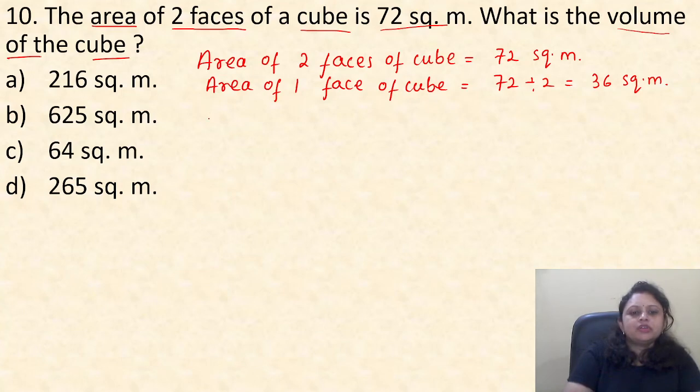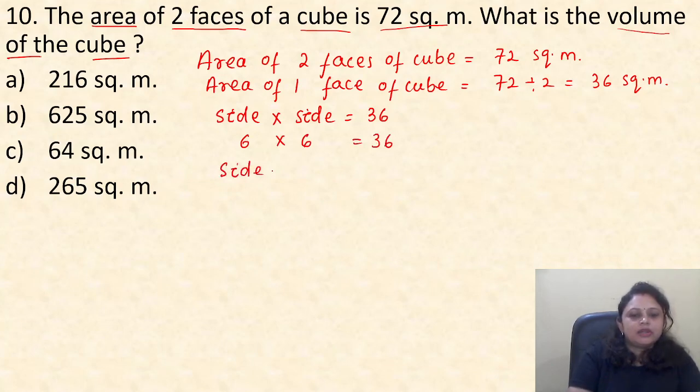So area of the face, that is side into side, is equal to 36. So we know 6 into 6 equal to 36. That means we can say the value of the side is 6. What is the unit? It is in meter. So we can write meter here. So side is 6 meter.